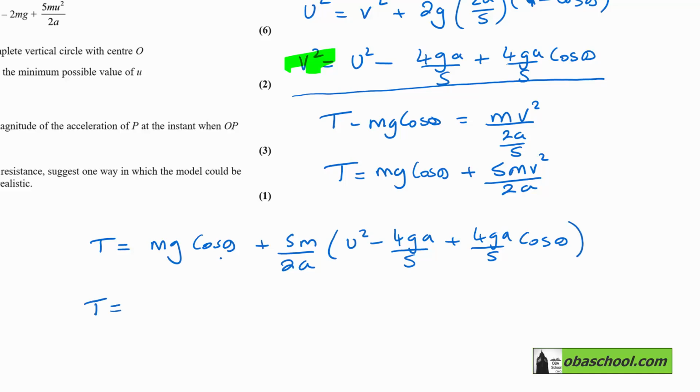Expanding all of that out gives me mg cos theta plus 5mu squared over 2a. And that is part of what we're trying to show.